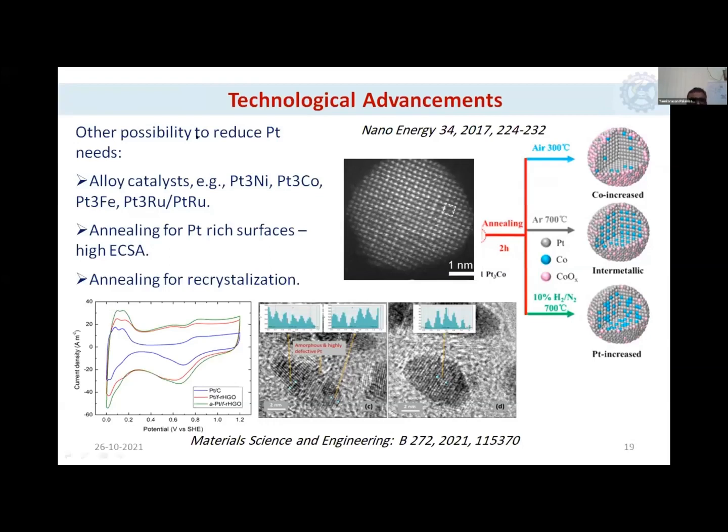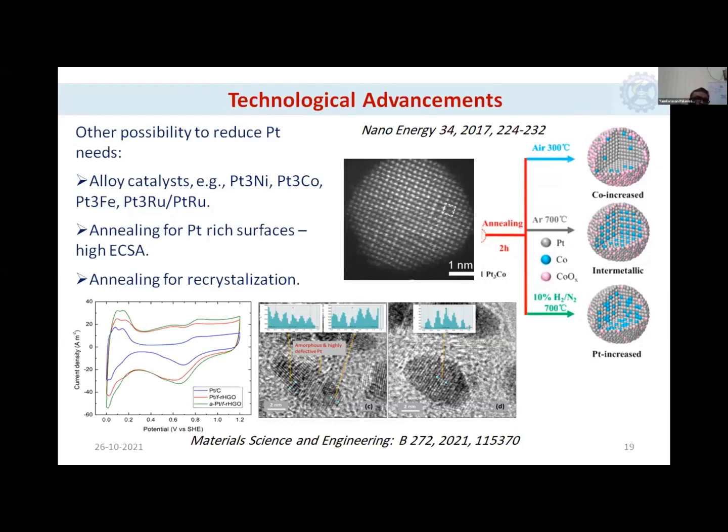In reducing platinum need for a particular amount of energy generation, initially we saw we'll increase the surface area so that you will increase the electrochemical activity, and with a low amount of platinum, you will attain the required energy. Now, of course, you can reduce the particle size.